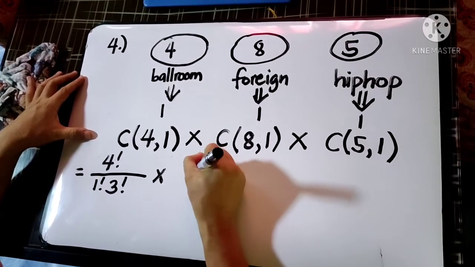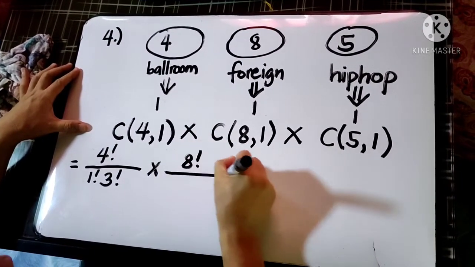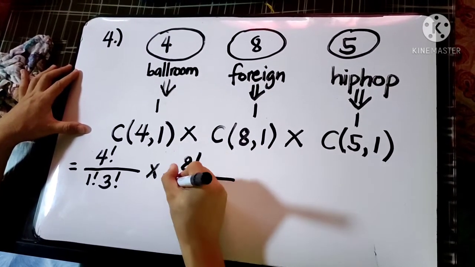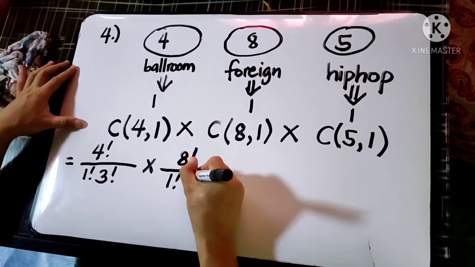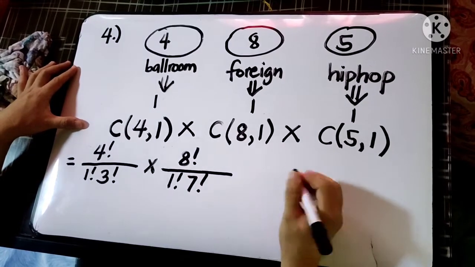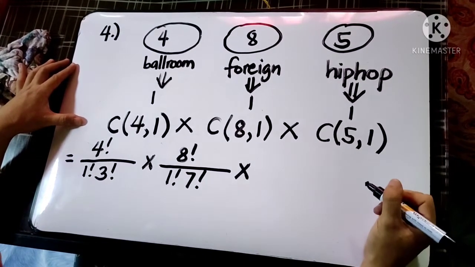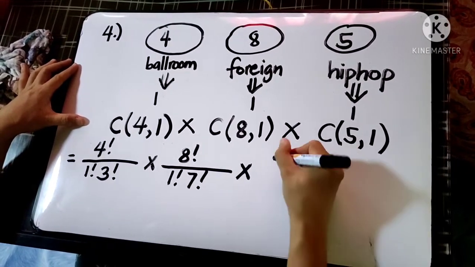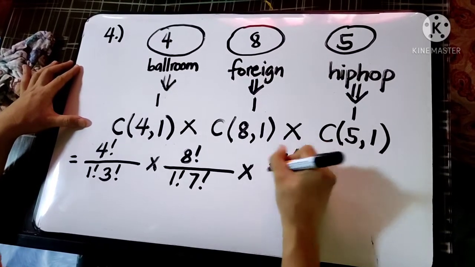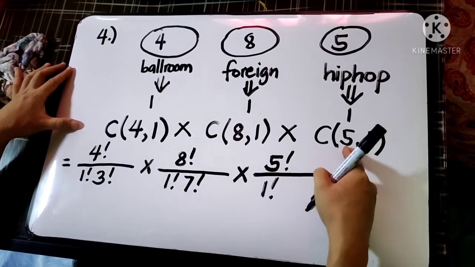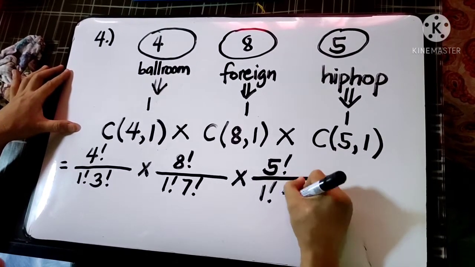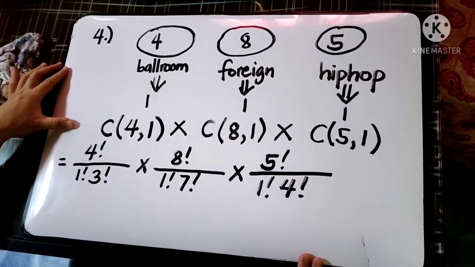Magiging 8 factorial over, kopyahin ang 1 factorial, 8 minus 1, 7 factorial. Then times, kopyahin mo yung n. So that is 5 factorial over 1 factorial, 5 minus 1 is 4 factorial.